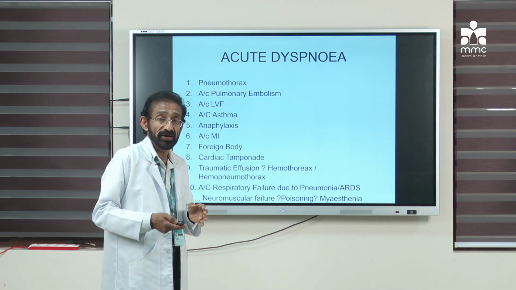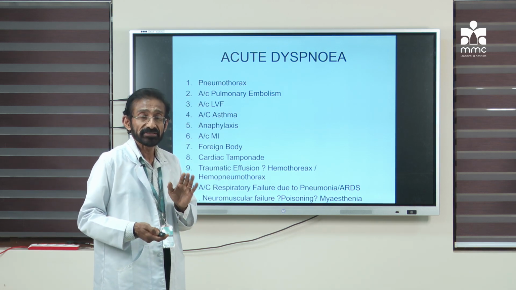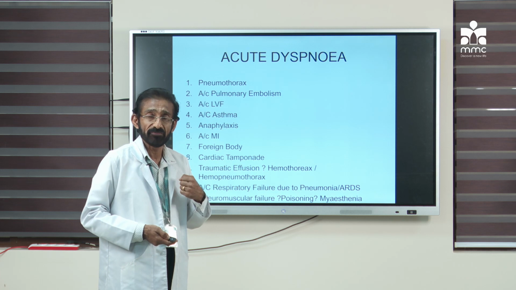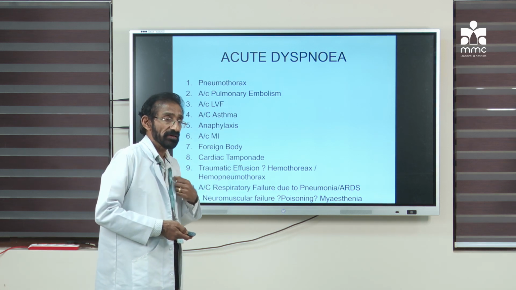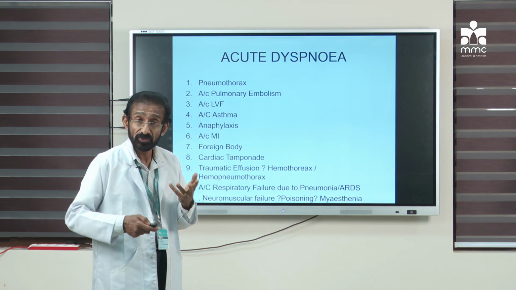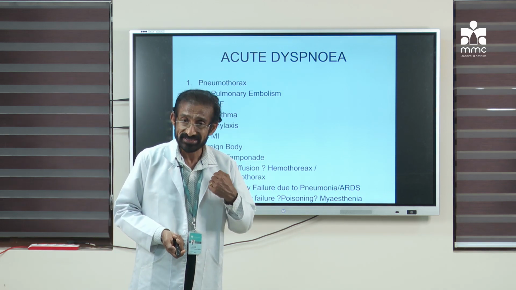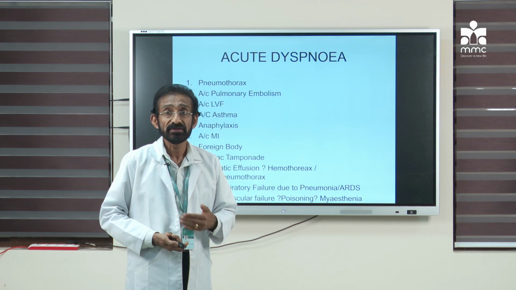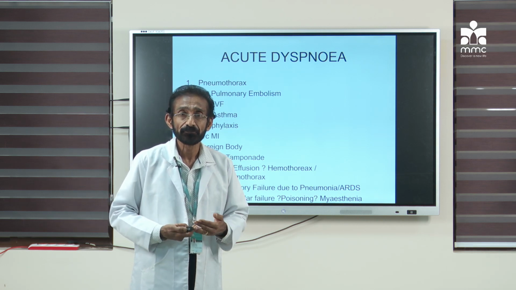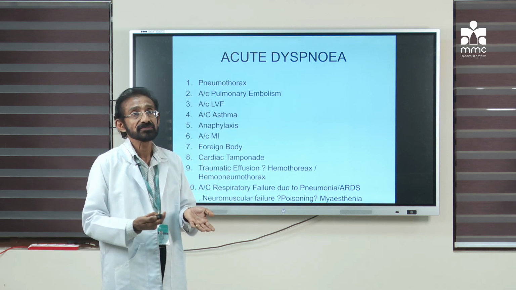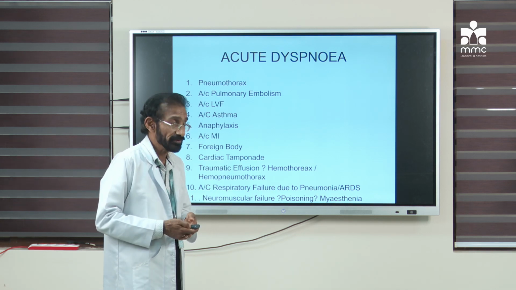Then comes acute MI. Acute MI, again, patients develop a breathlessness. They usually have a constricting chest pain and chest tightness, and sometimes if they are diabetic, they may not have a chest pain. They might have only chest constriction, they might have dyspepsia, feelings of gastritis, belching, and they may miss the diagnosis of acute MI.